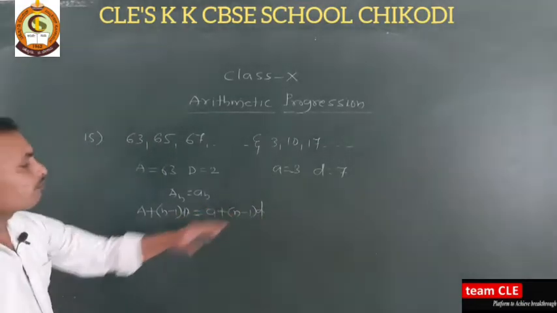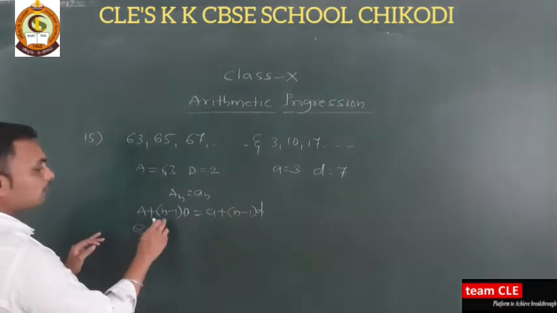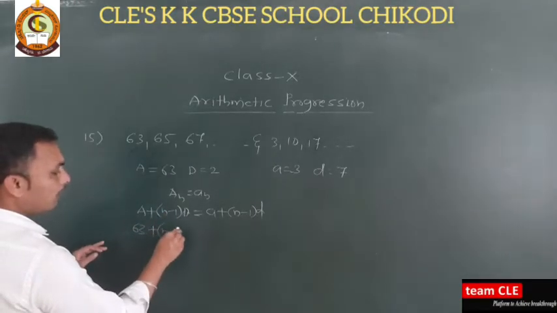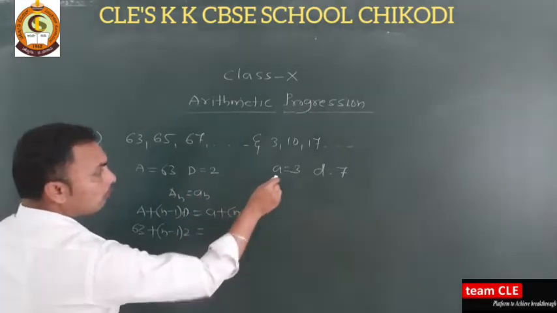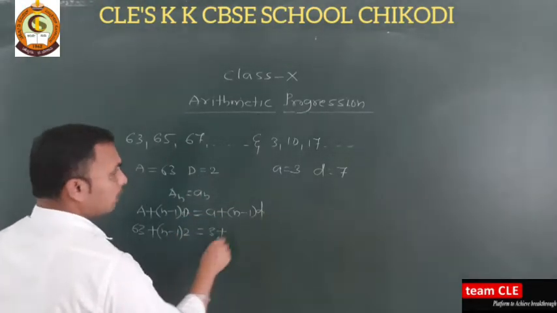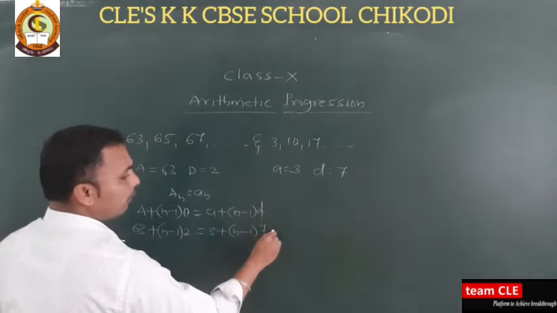Now we will substitute the values here. This is 63 plus n minus 1, and capital D is 2. This small a we have is 3, plus n minus 1 and small d is 7.